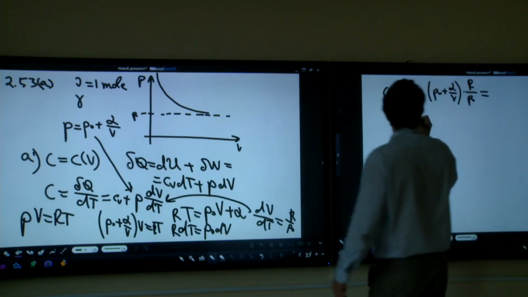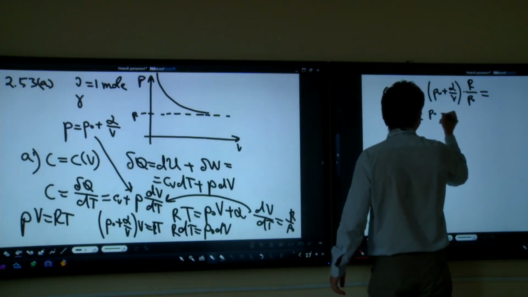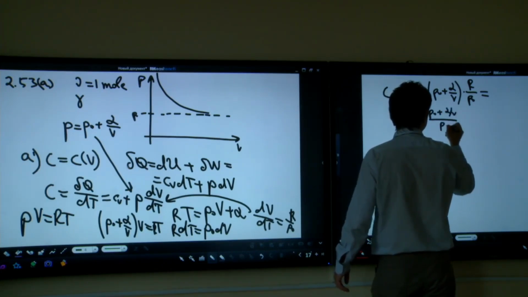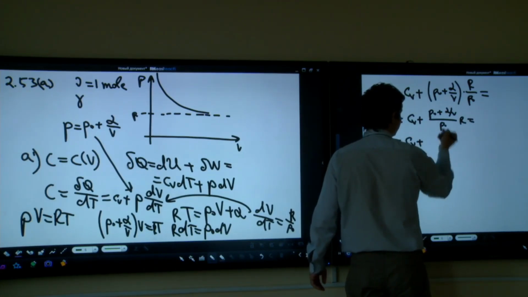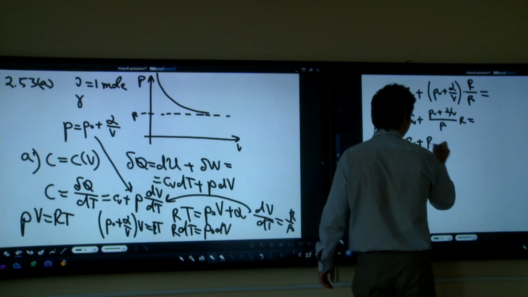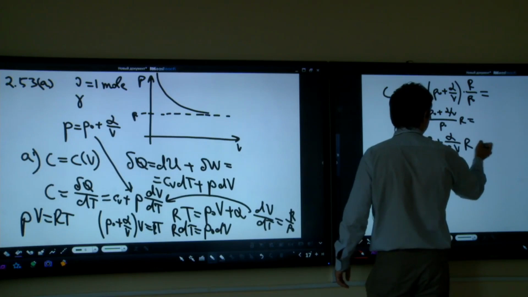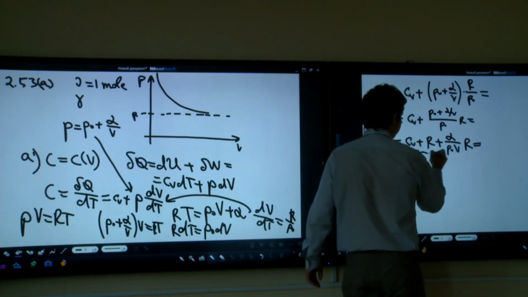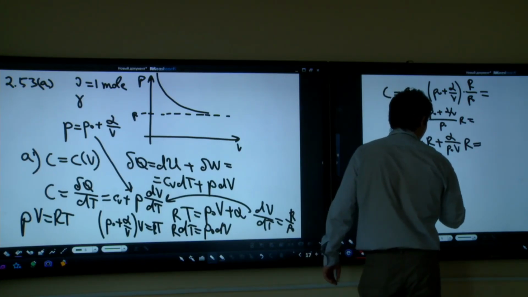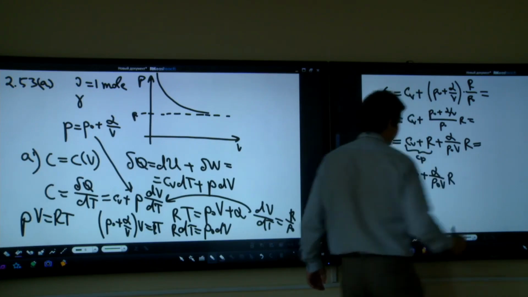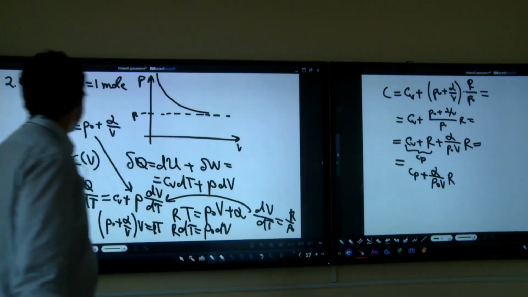So that gives me Cv plus P0 plus alpha over V over P0 times R. And I can do the following: this is Cv plus, P0 over P0 is 1, plus R plus alpha over P0V times R. This is Cp. So here I get Cp plus alpha over P0V times R.